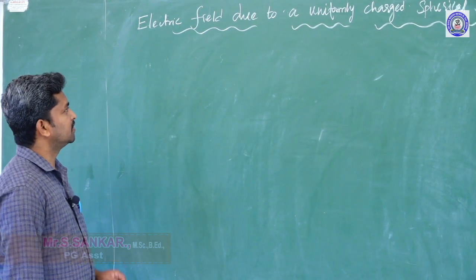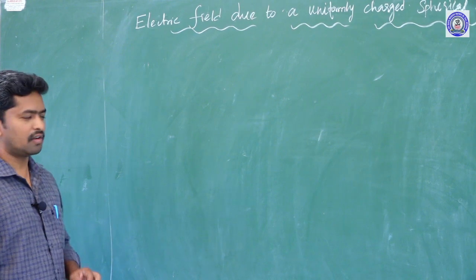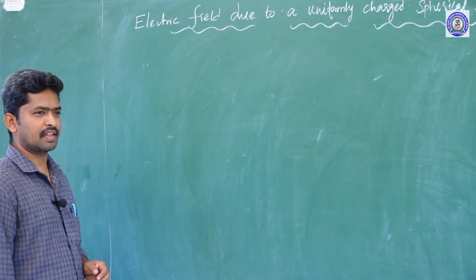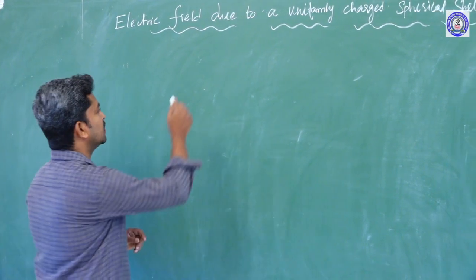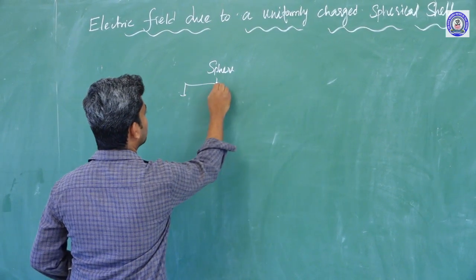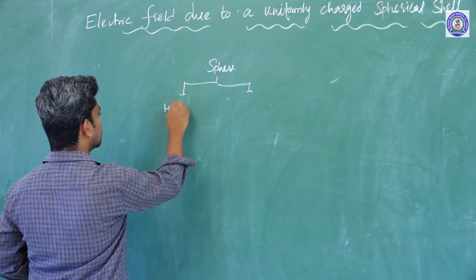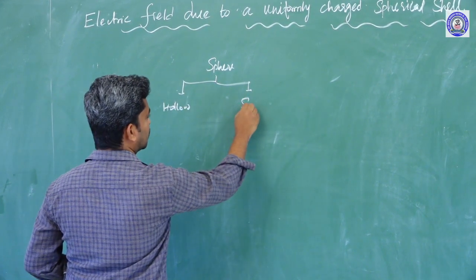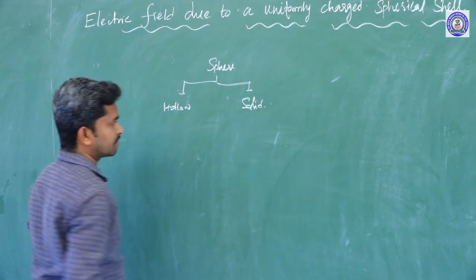Electric field due to a uniformly charged spherical shell. Generally, spheres are of two types: one is a hollow sphere, another is a solid sphere.